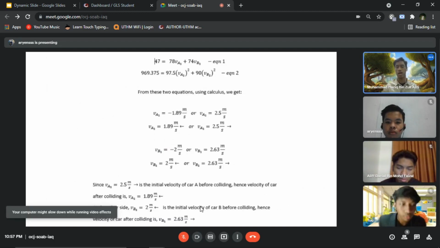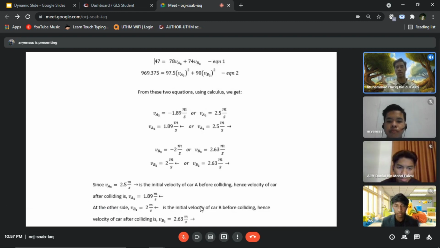And lastly, after we have two equations from the two theorems, we can solve them to get the answers for VA2 and VB2. For VA2, we get 1.89 meter per second to the left and 2.5 meter per second to the right.